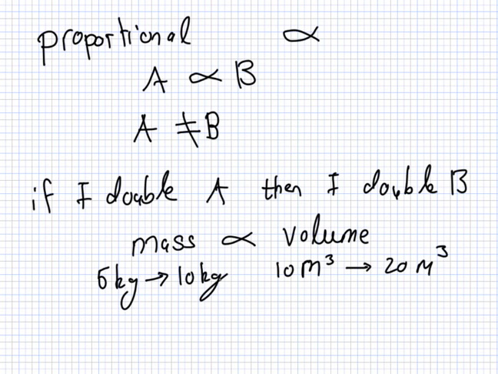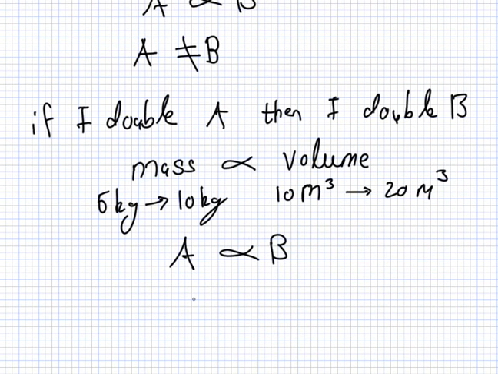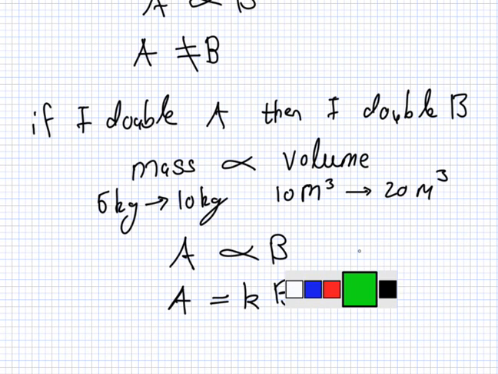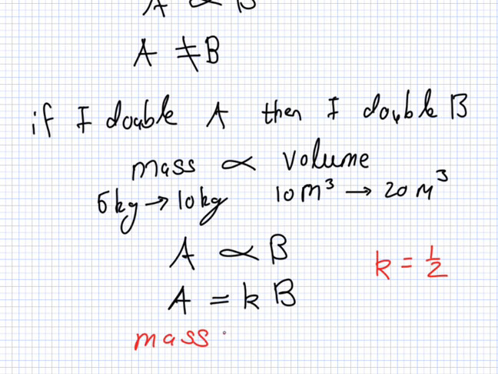So the question is, how can we change a proportional into an equal sign? If you want to go from proportional to equals, which is more useful, you just have to put in a constant. So in this example here, where A is mass and B is volume, maybe somebody can see what the K would need to be here. Yeah, I think it would need to be a half actually, because you would need to have, for example, mass equals a half the volume.